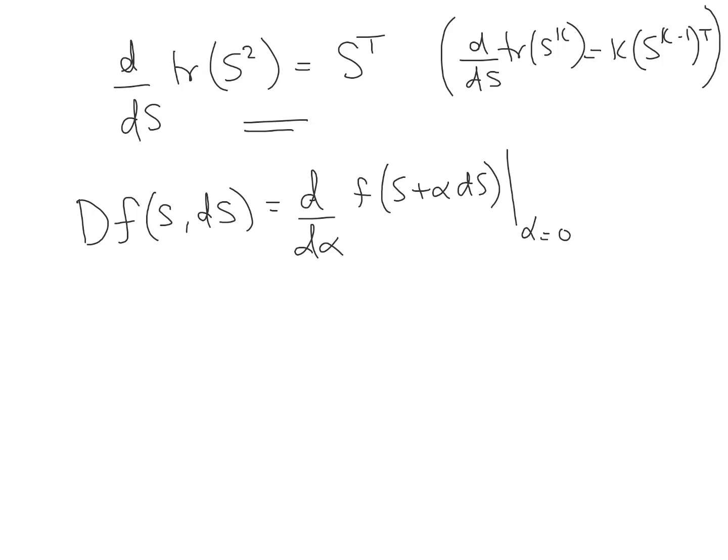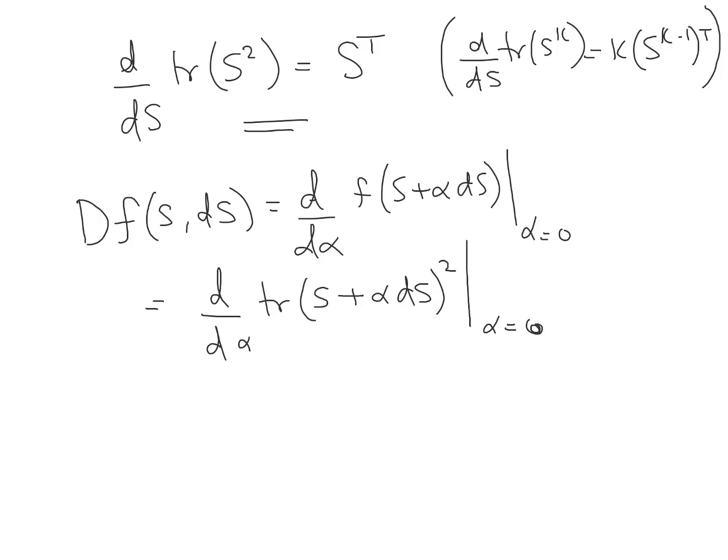So if we are going to write it based on our specific question, this will be written as d alpha trace of (S plus alpha delta S) squared, based on the question that we're given.